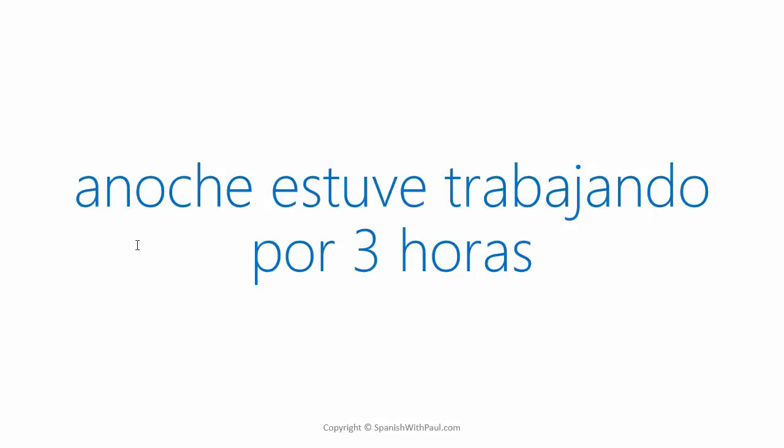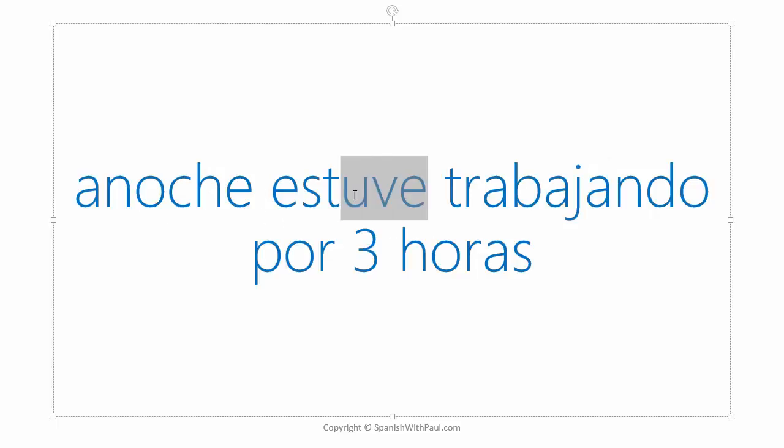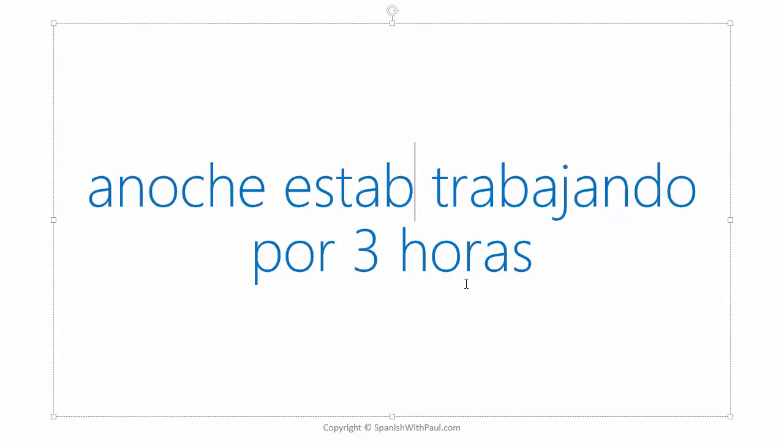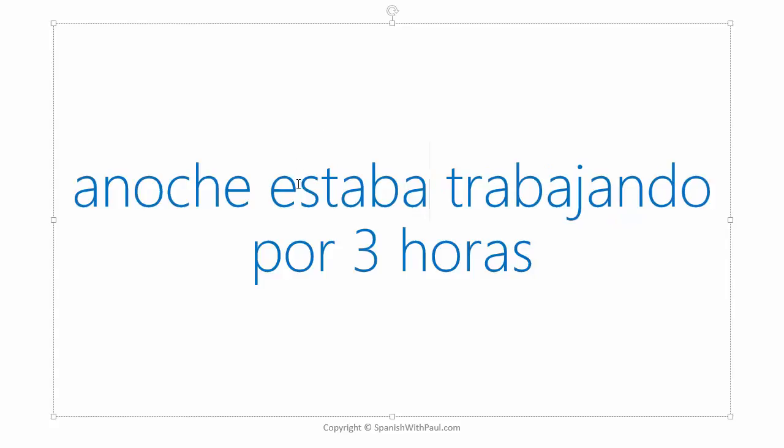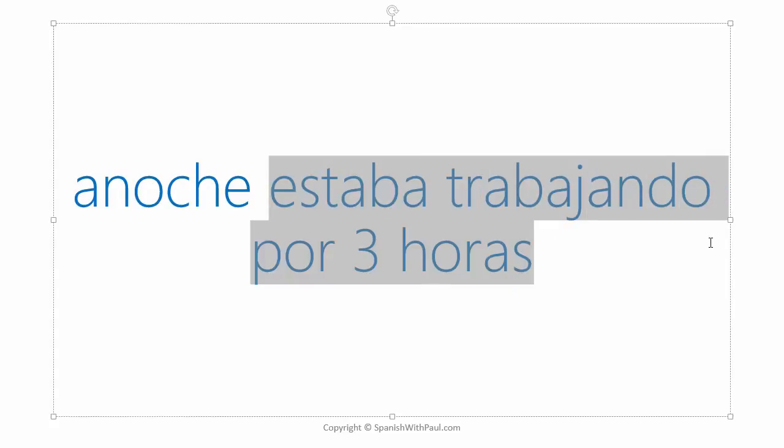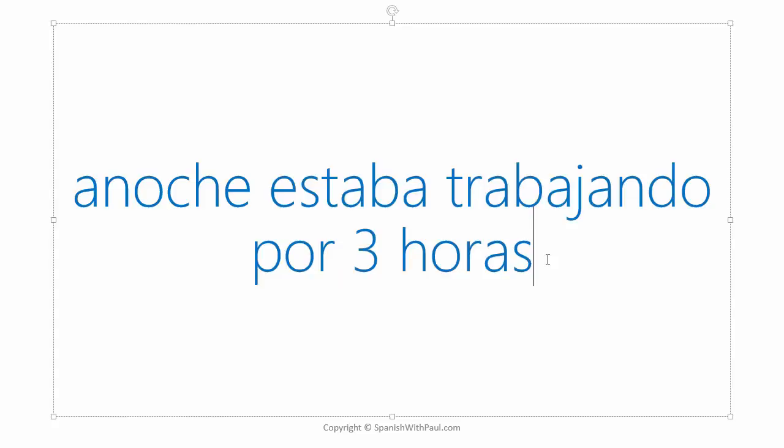So I'll say that again. If this was estaba, it would simply be last night I was working for 3 hours. Okay, so like this. Anoche estaba trabajando por 3 horas. So I was working for 3 hours last night, and then, you might say cuando something happened.